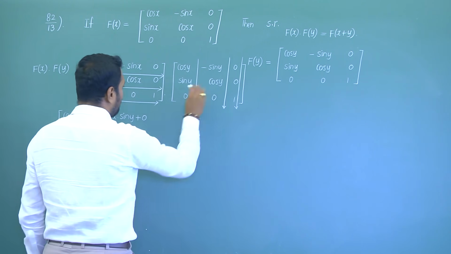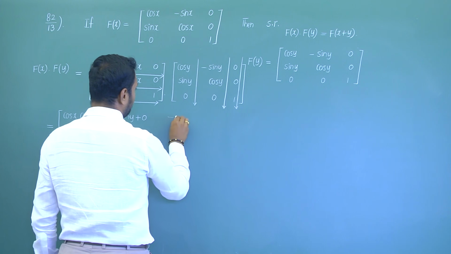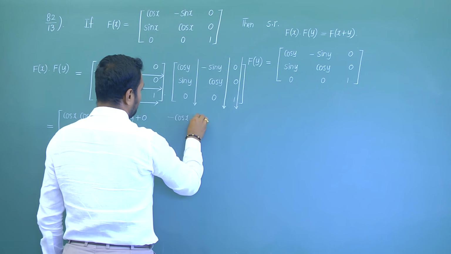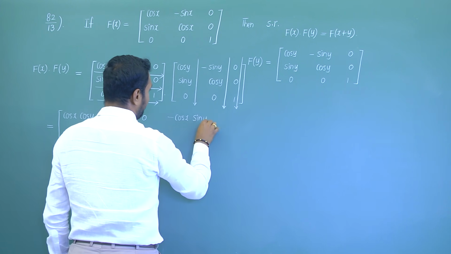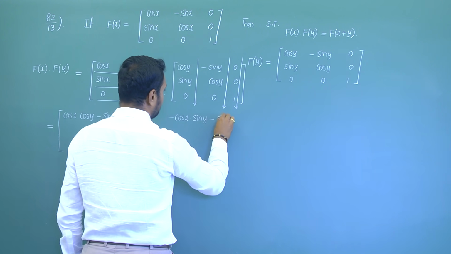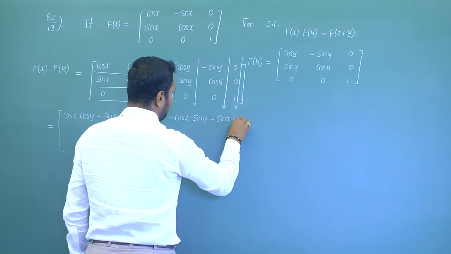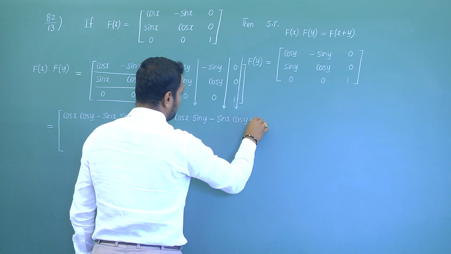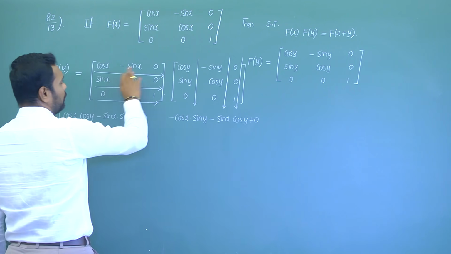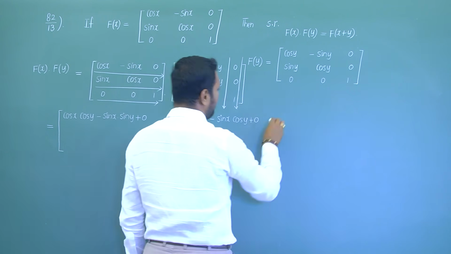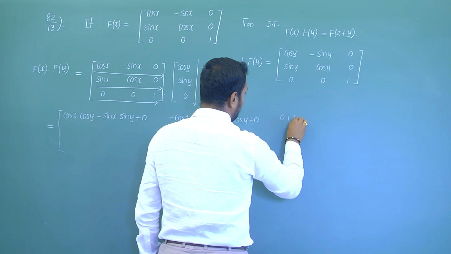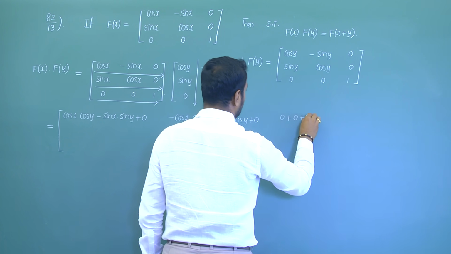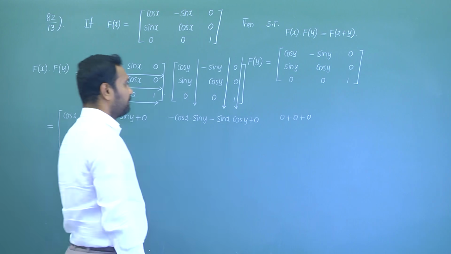First row, second column element, if you simplify, minus cos x sin y minus sin x cos y plus 0. First row, third column element is 0 plus 0 plus 0.